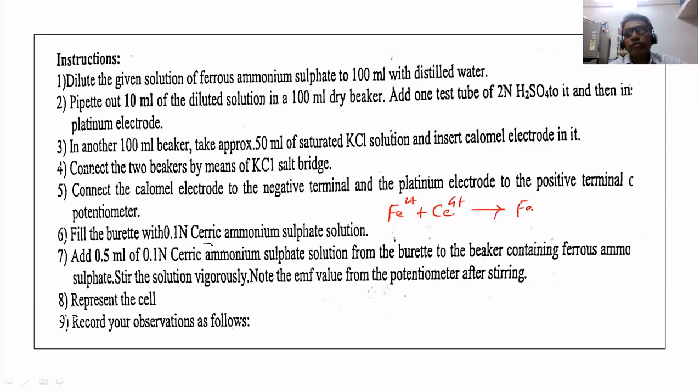So it is converted to ferric ion, and Ce4+ is converted to Ce3+. So this is the redox reaction. Redox means simultaneous oxidation and reduction reaction. In this chemical cell, this reaction takes place at the right hand side electrode, where we have taken the Fe-second solution.